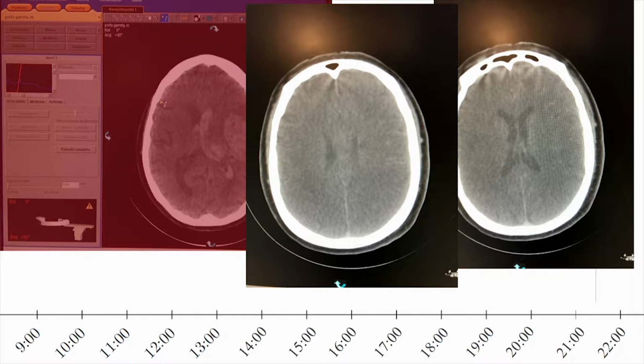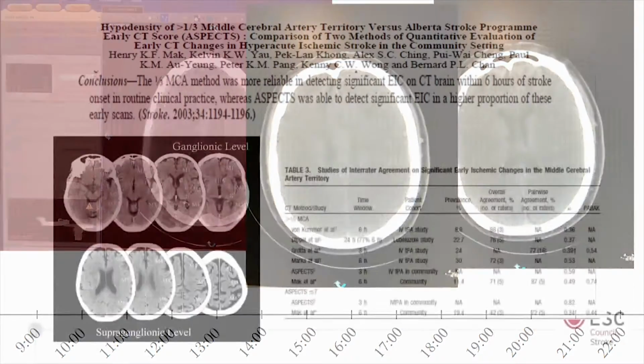So if you have a good CT, not very sophisticated, you can give IV tPA. So in this woman, we gave IV tPA in the angio suite.